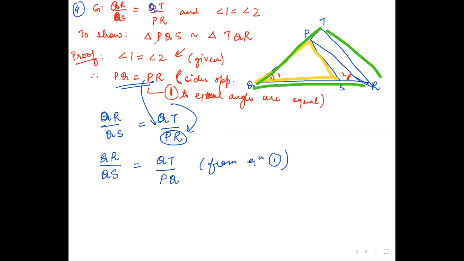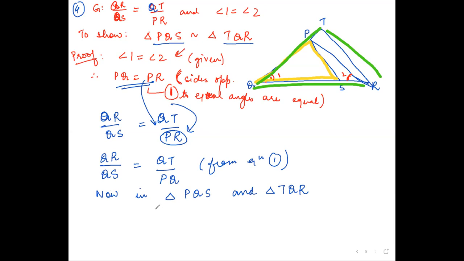So let's take our two triangles which we want to show similar. Let's see what three things we can show here. Now, in triangle PQS and triangle TQR, what can I show here? PQS is the yellow triangle in the figure. TQR is the green triangle in the figure. So angle 1 is part of both the triangles.